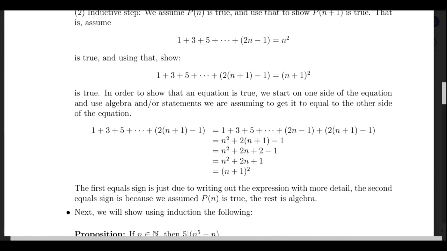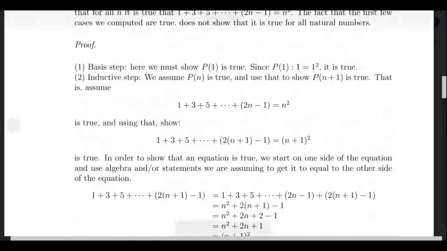So basically, this is the whole proof. Base step, then assume P of n is true, prove P of n plus 1 is true. So this is called an induction proof: the basis case, and P implies Q. We assume P, we prove Q.